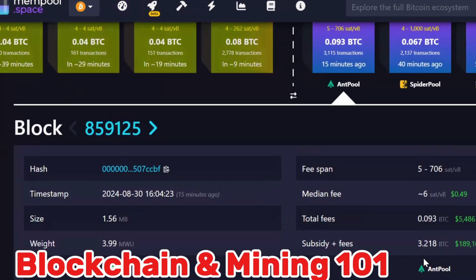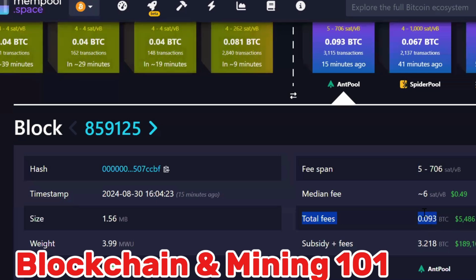So in the Bitcoin blockchain, there is a subsidy that is generated from what's called the Coinbase of Bitcoin. So a miner will, and you'll see here, this block that was just mined or confirmed has a total fee of 0.093 Bitcoin.